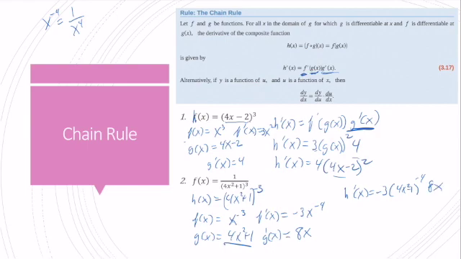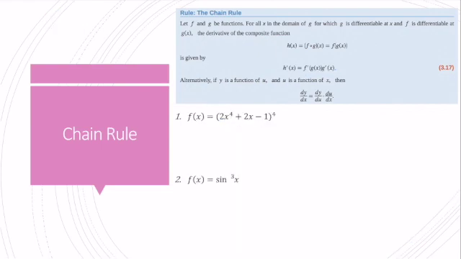So I have h prime of x equals negative 24x times 4x squared minus 1 to the negative 4th. Now let's go ahead and rewrite that as a fraction. So h prime of x equals negative 24x over 4x squared minus 1 to the 4th.